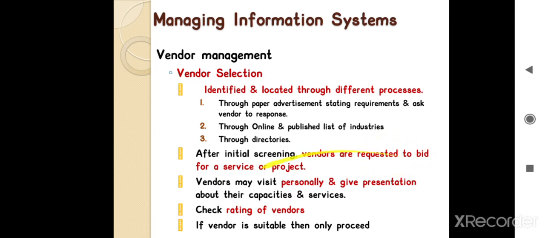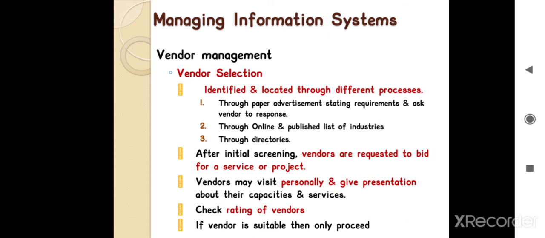Now for this process, the vendors can visit us personally and give a presentation about their capabilities, what they will be providing, and how their services are best. They can provide us all this information.